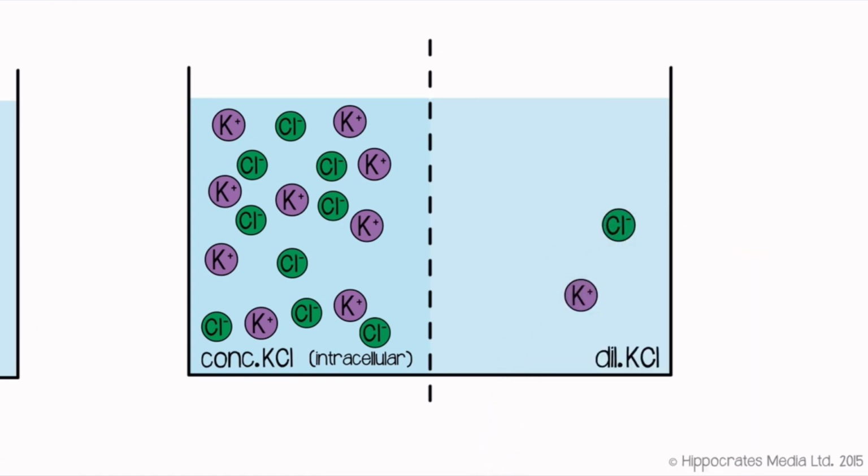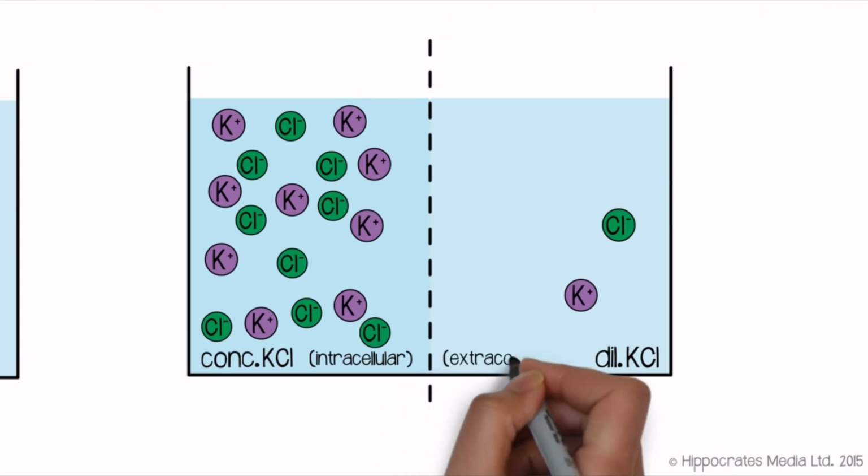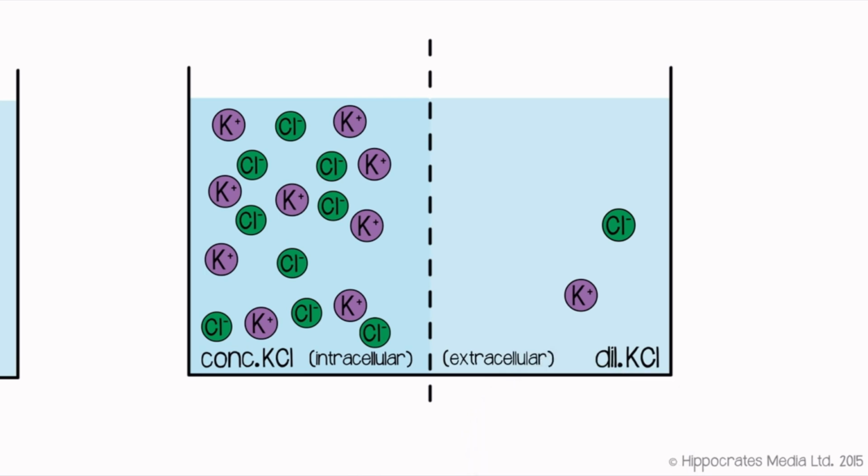It's a neutral solution once again. There are just fewer potassiums and chlorides than there are on the left side. And this is going to be analogous to the extracellular fluid, which is more dilute in terms of potassium than what's inside a cell. Rather like with the glucose experiment, we've got a concentrated solution on the left and a more dilute solution on the right. But in this case, I'm going to say that the membrane separating the two sides is permeable only to potassium.